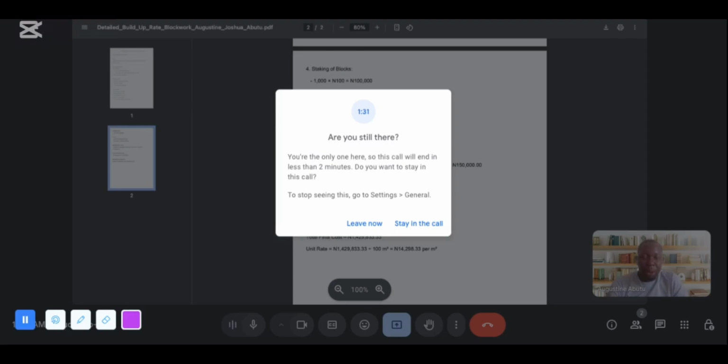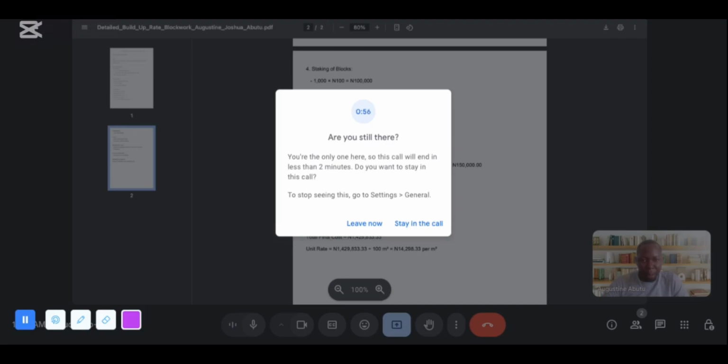So the cost of labor for one gang in a day is 15,000. According to our 1,000 blocks, they're going to need 10 days for one gang to achieve 1,000 blocks. So that's why we have 10 here. So 15,000 times 10 will give us 150,000. So that's the cost of labor.